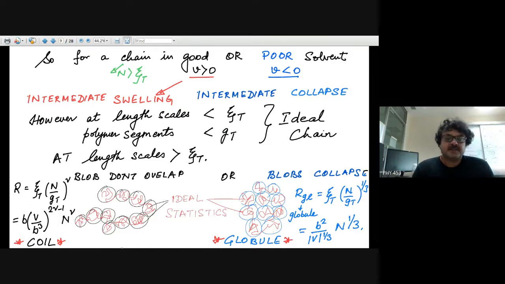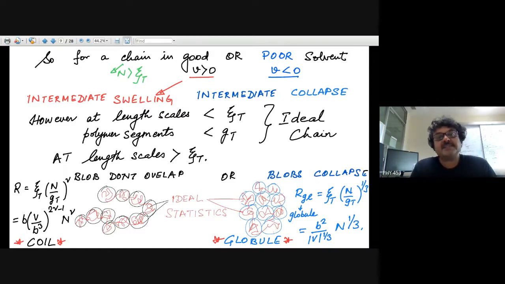So what is the point? The point is for a chain in a good solvent or a poor solvent. In a good solvent, N has to be greater than zeta T. The total number of monomers will be greater than the blob length scale, right?